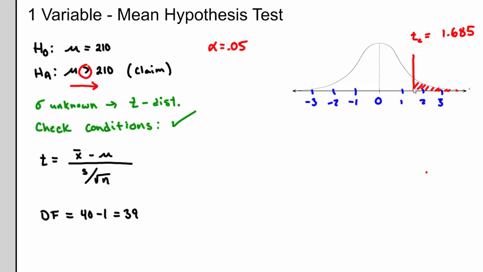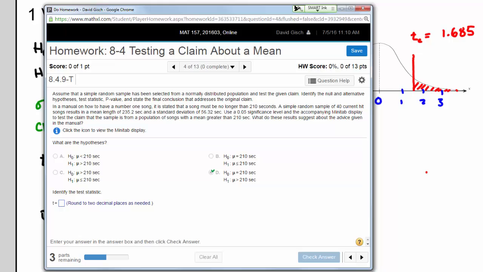All right, let's get some things down. What was X bar? We already talked. Let's get N down. These are my statistics, right? N was 40. If we jump back, X bar was 235.2.